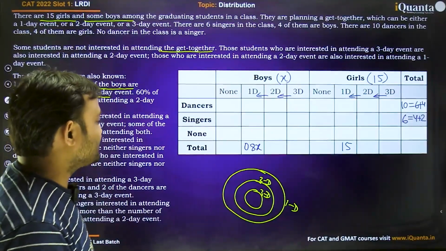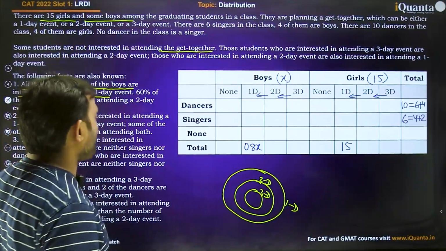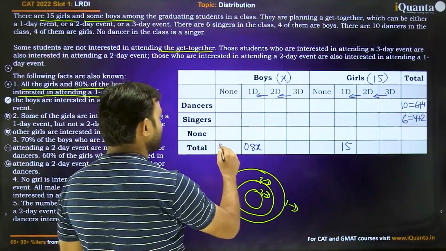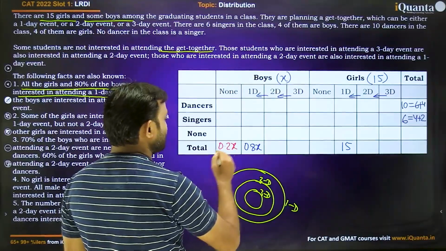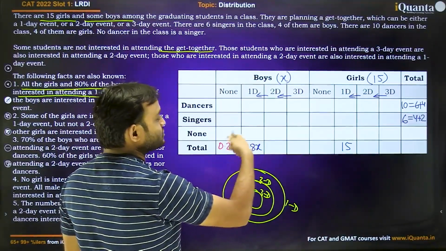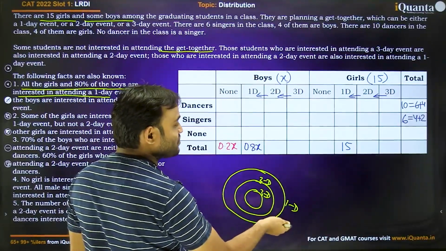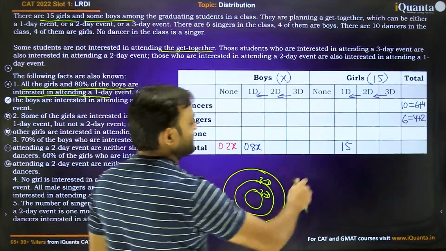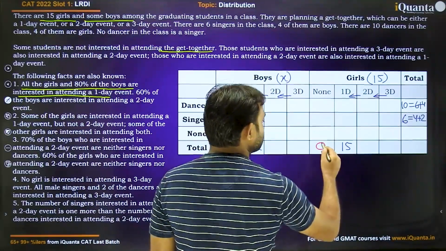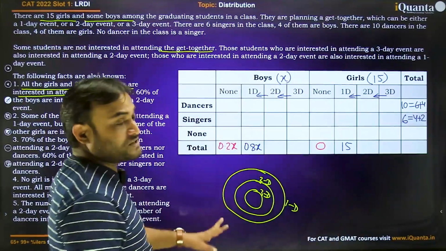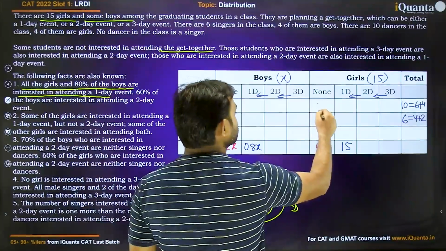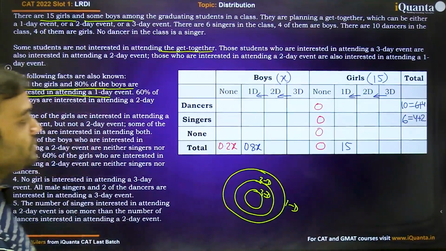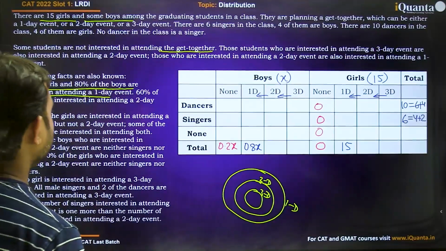In that case, we can say number of boys who are not interested in attending any of these events must be 0.2x, because these 0.8x also includes all the students who are interested in 2-day event and 3-day event. And in this case, number of girls who are interested in attending none of these events would be 0. So all these values will be 0.